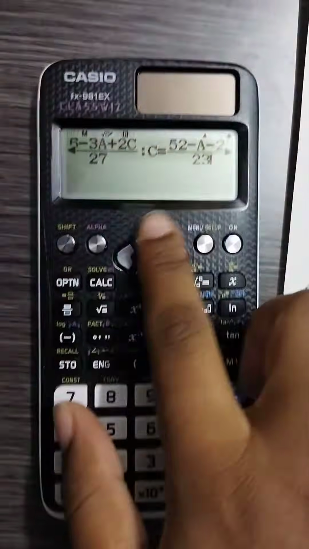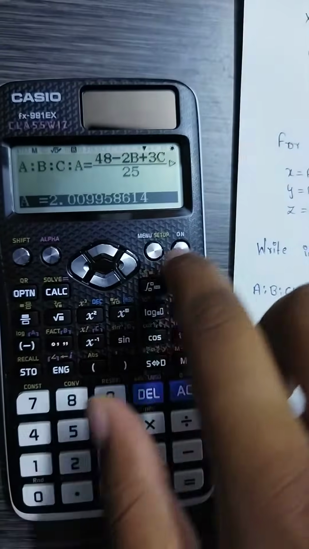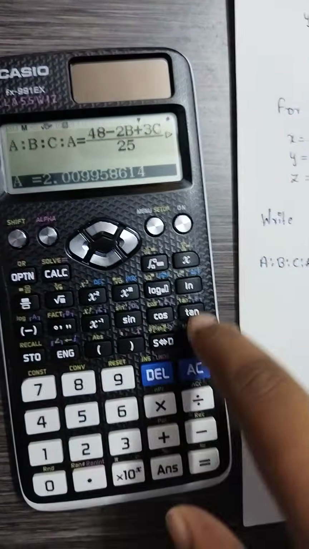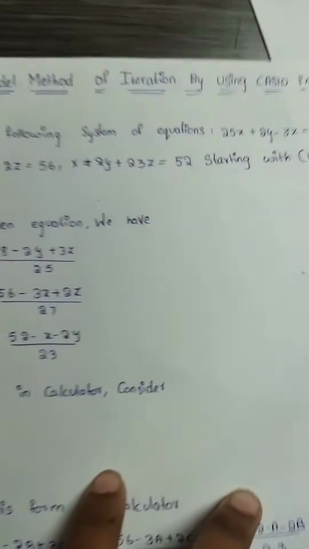Now after typing this total form in the calculator, press calc, you get this. But in the given question, it is starting with 1, 1, 0.